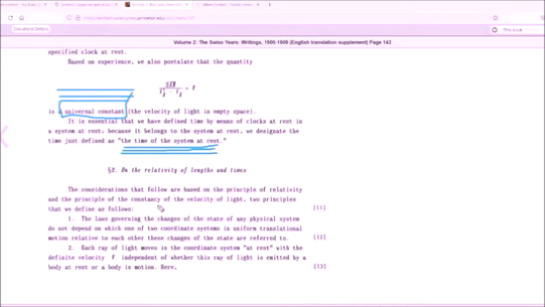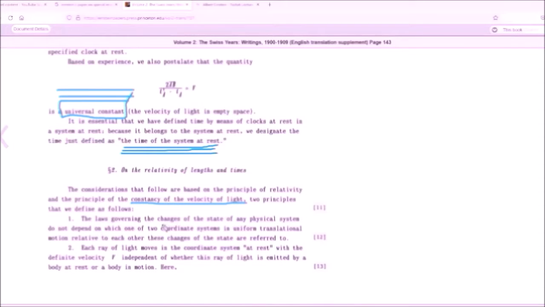The considerations that follow are based on the principle of relativity and the principle of the constancy of the velocity of light, which is going to be a problem. Two principles that we define as follows. The two principles we already have defined before.